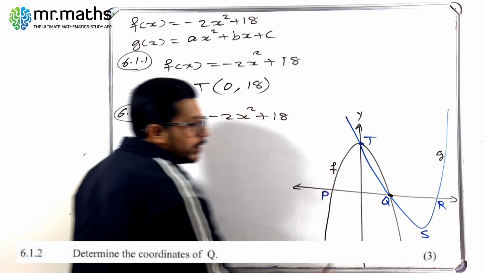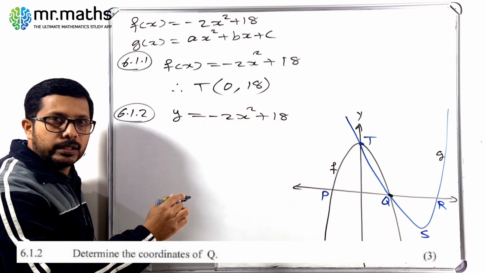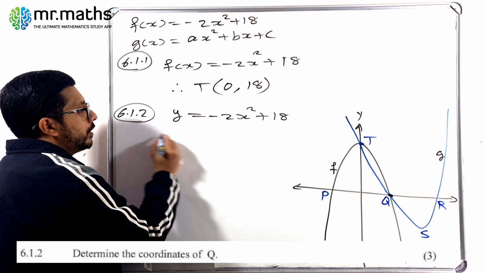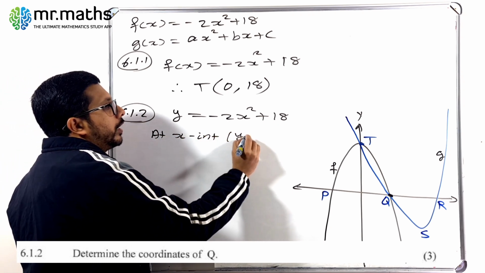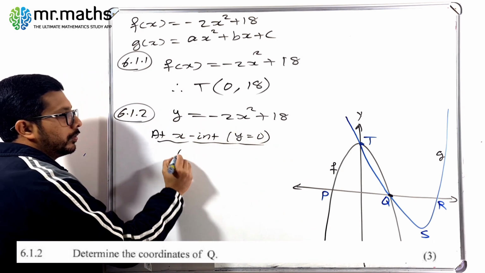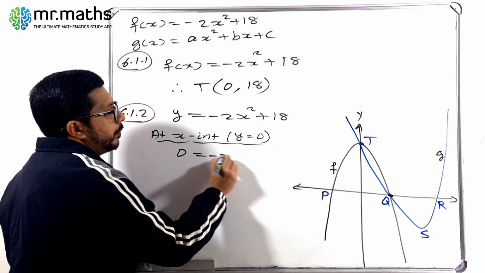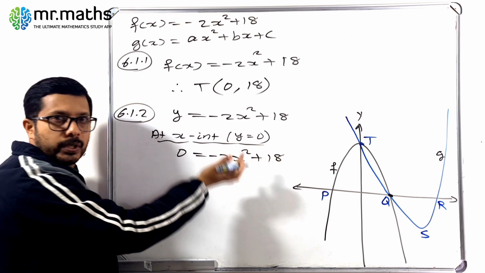That point q is the x-intercept. So what is y? At the x-intercept, the value of y is equal to 0. So substitute y is equal to 0: 0 is equal to minus 2x square plus 18. Take this minus 2x square to this side.